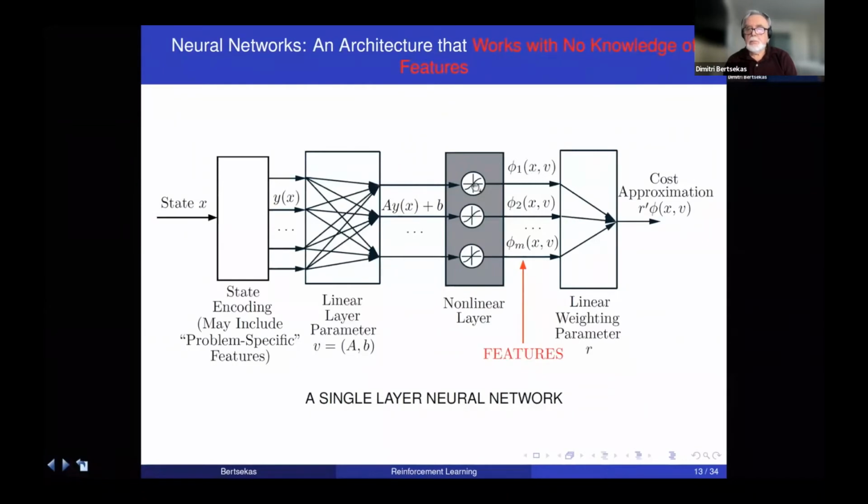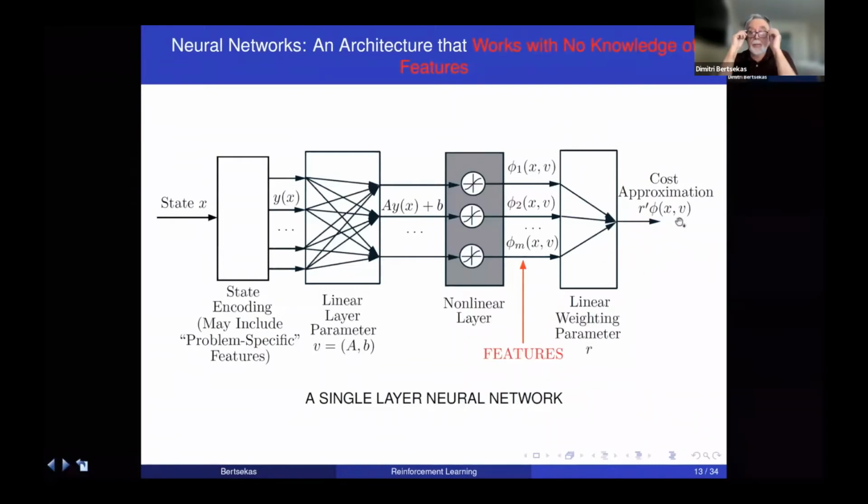And at the output of the nonlinear layer, we see that we have m scalars that depend on x and a parameter vector. Now, we view this as features, m features of the state. And we combine these features linearly by taking inner product with a parameter vector r. These are linear weights that weigh the components of this feature vector.